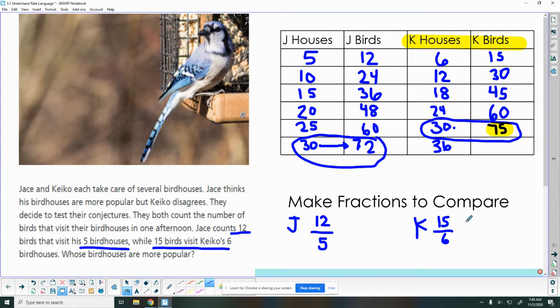I'm going to make these mixed numbers so I can see how many wholes they both have. So 5 goes into 12 2 times with 2/5 left over. 6 goes into 15 2 times with 3/6 left over, which is also 2.5.